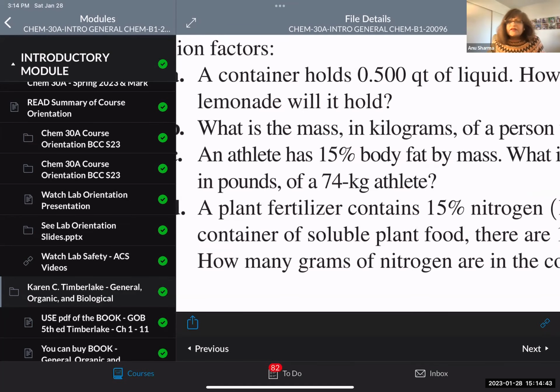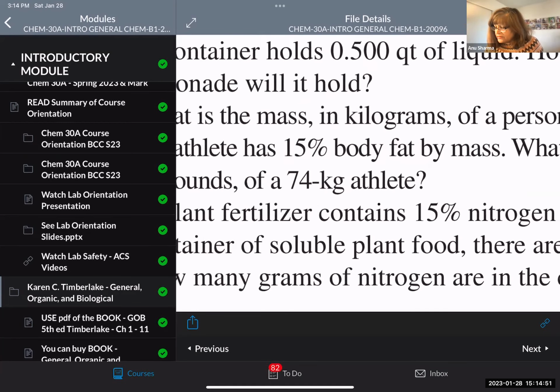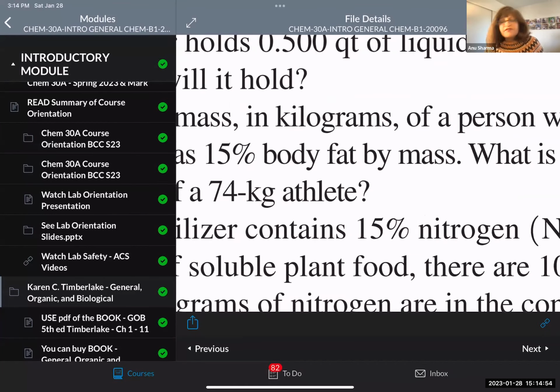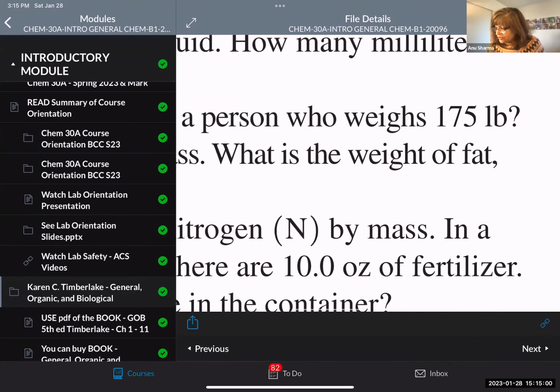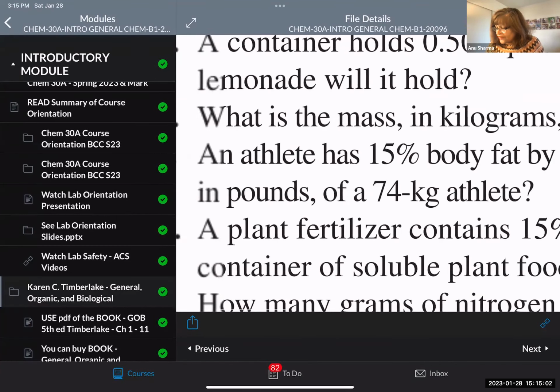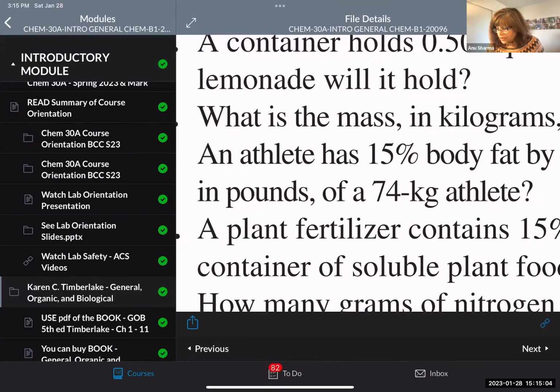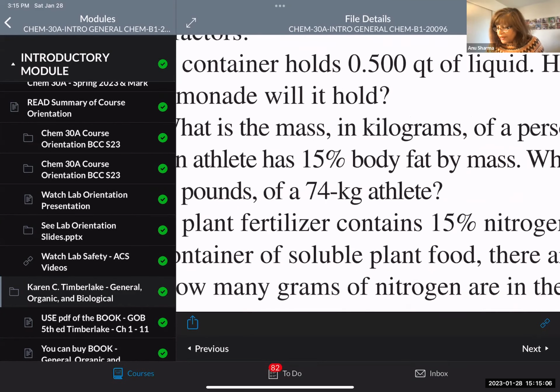Part C, an athlete. Let's do the next part, the percentage. An athlete has 15% body fat by mass. Now remember that 15% can also be used as a conversion factor. What is the weight of the fat in pounds of a 74 kilogram athlete?